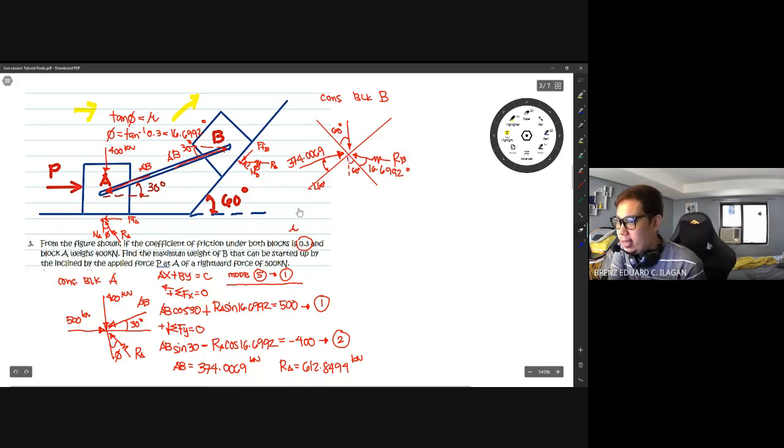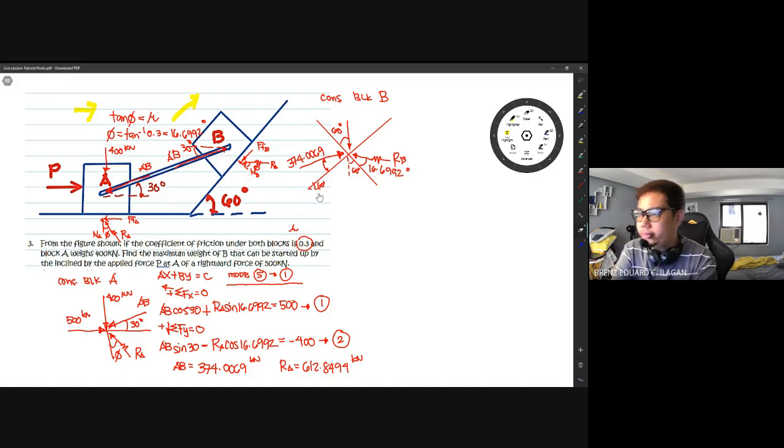May nakapag-analyze kung ano yung angle na yan? Sige guys, kailangan ko ngayon ng inyong tulong. So ano yung angle natin dito?